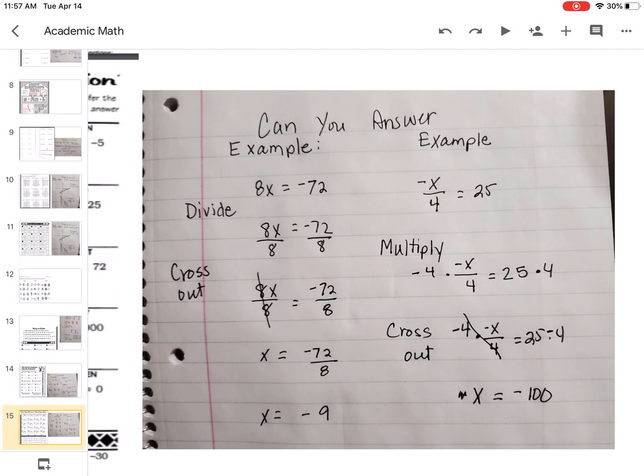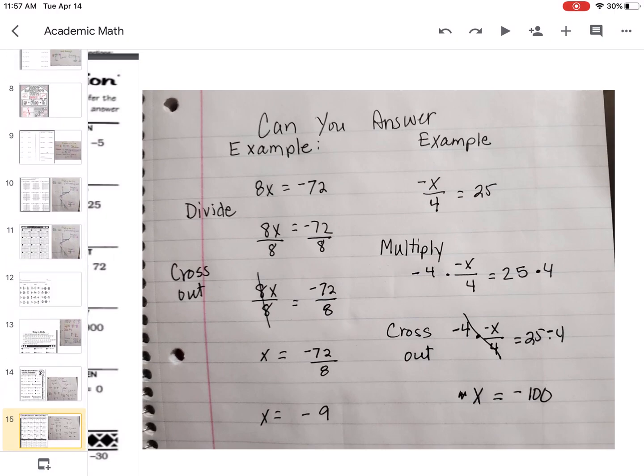I want to get rid of that negative 4, so I multiply both sides by negative 4. After I multiply, I cross out the negative 4's. Now I've gotten rid of that negative. So x equals 25 times negative 4. So x equals 100.